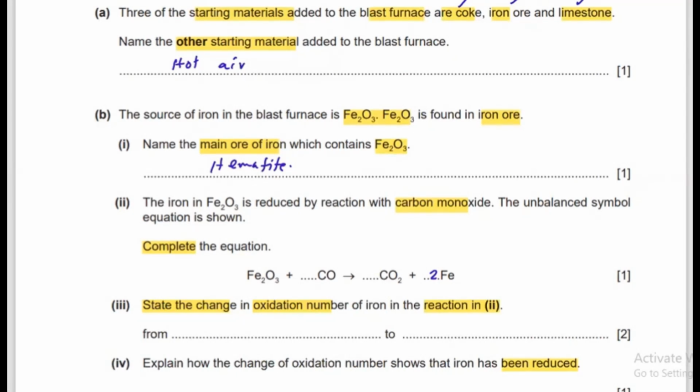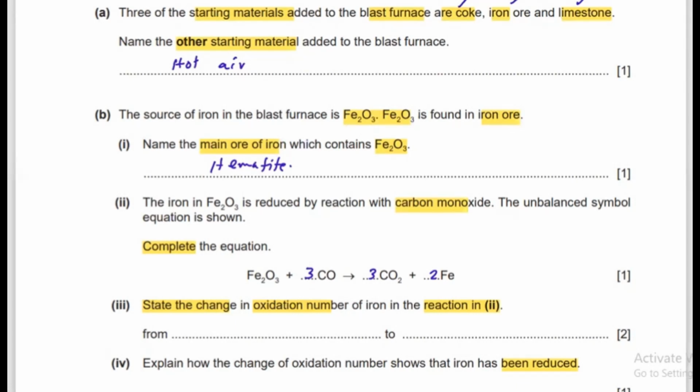But we have to balance the carbon as well. So if we put 3 here, it becomes 6, and by balancing carbon, there are 3 carbon atoms, we can put 3 here. So 3 carbon, 3 plus 3, 6 oxygen, 3 times 2, 6 oxygen, 2 iron.